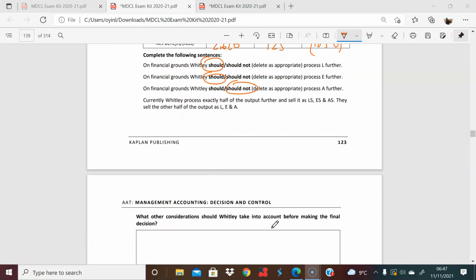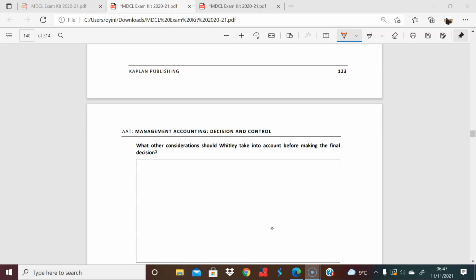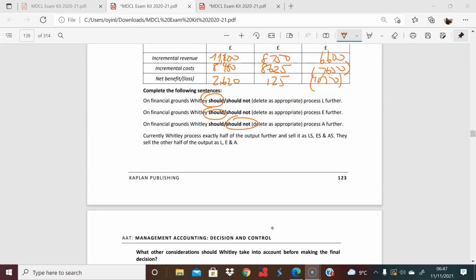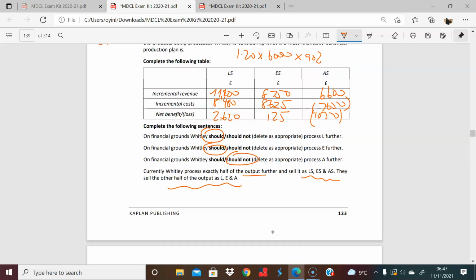Right, and then they go on to ask what we should think about before making this decision. Because currently what you do is you process exactly half of the output further and sell it as this, and sell the other half as LE and A. Well, there's a number of things here. If you decide to follow this process, it means that you will stop finishing off AS, because it's not technically profitable to finish off AS.